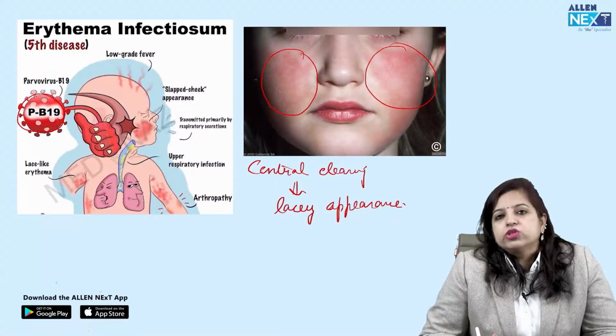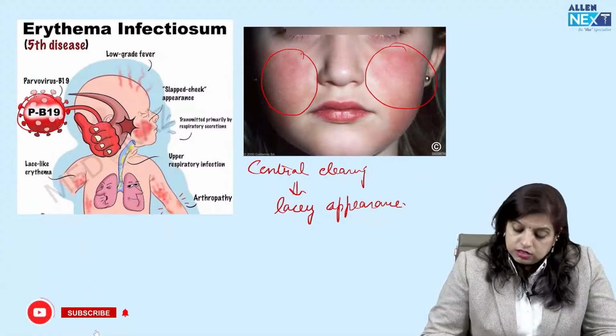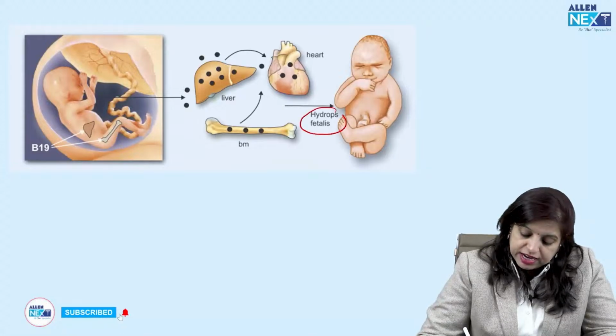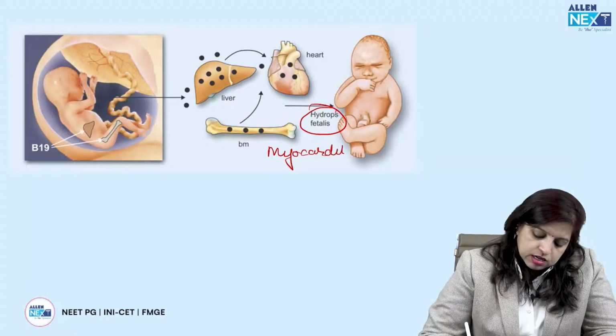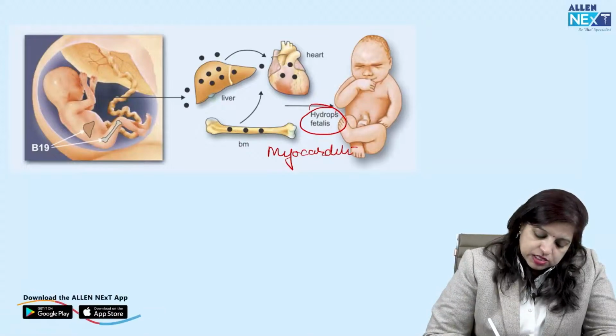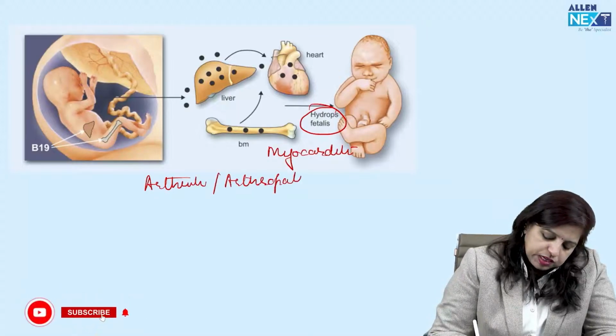In pregnant individuals, if the mother gets parvovirus B19 infection, then the child might develop hydrops fetalis also, and even myocarditis is seen, right? And in young females, we also get to see arthritis or arthropathy following a parvovirus B19 infection.